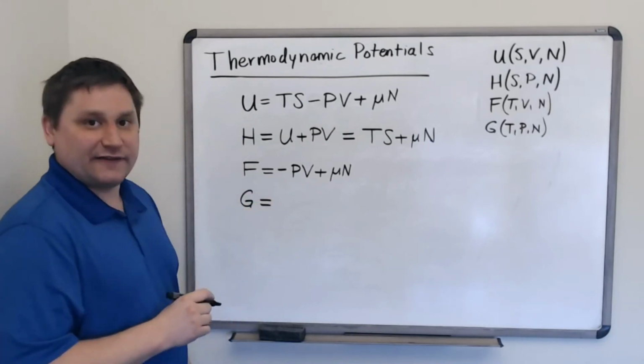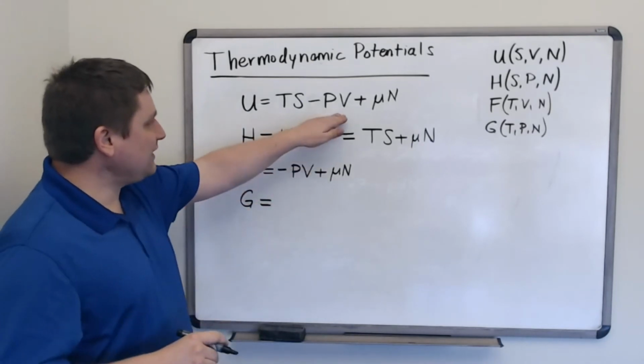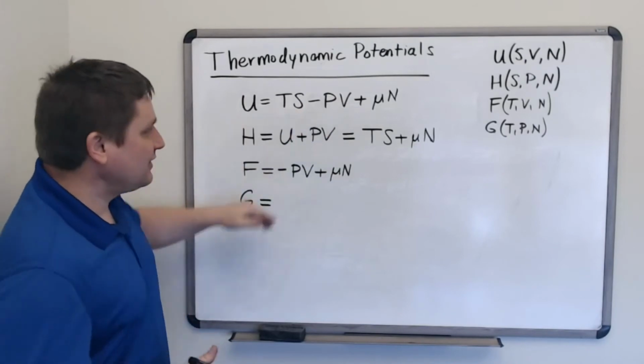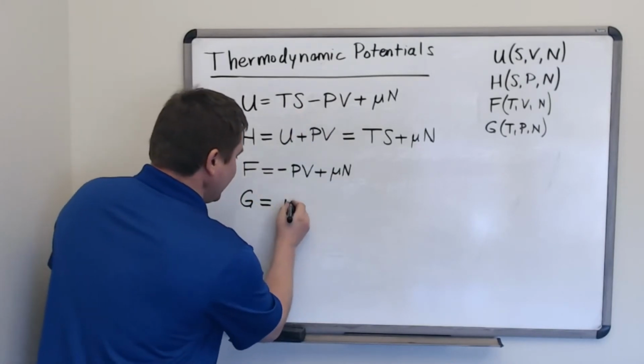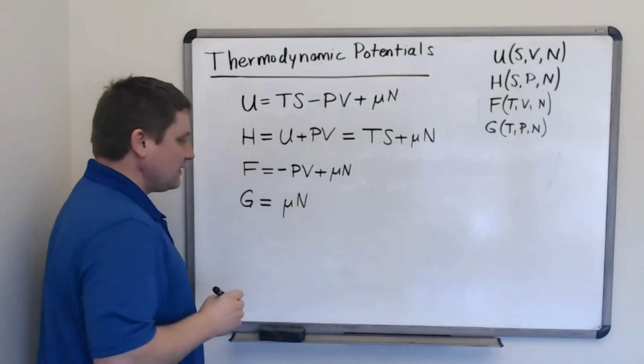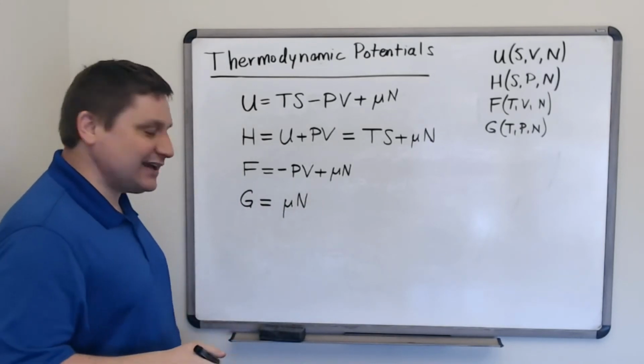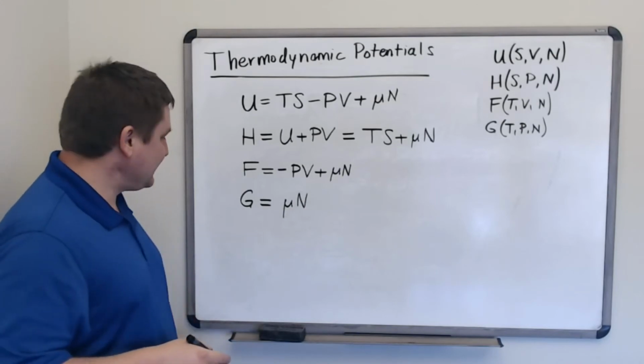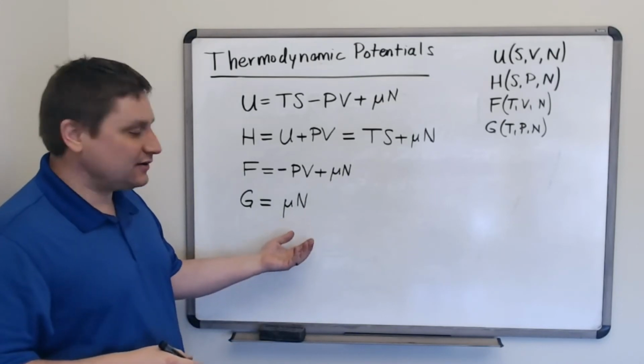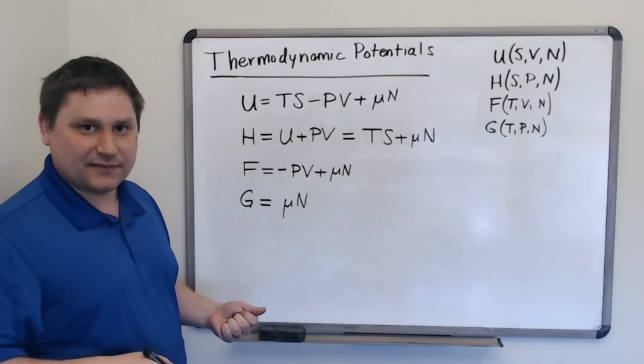And when we calculated the Gibbs free energy, we added PV and subtracted Ts. So the only thing that's left over is mu n. So the Gibbs free energy simplifies quite drastically in terms of its integral form. It's equal actually to the chemical potential times the particle number.